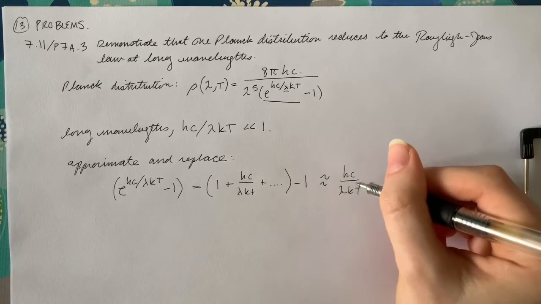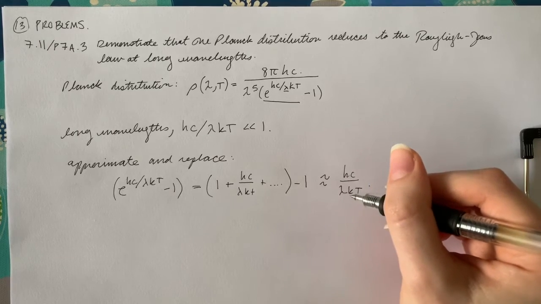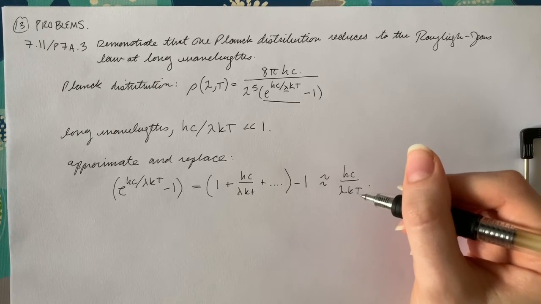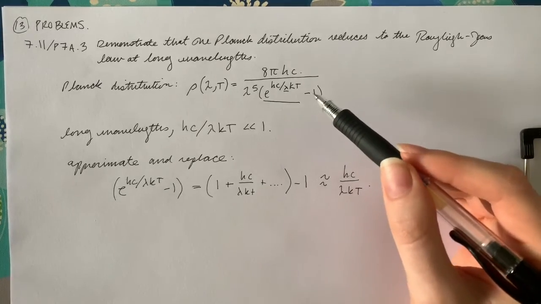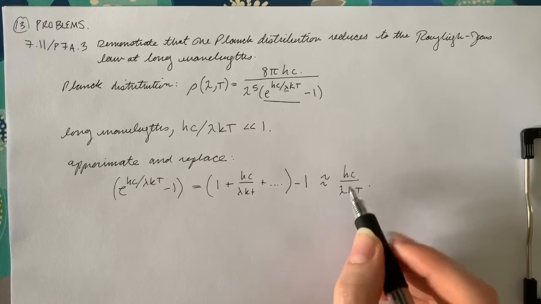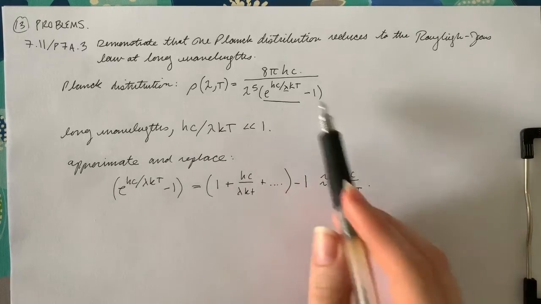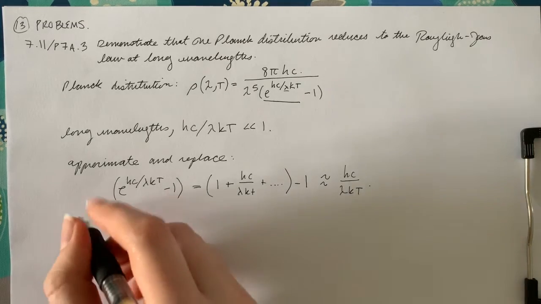And this is explained in more depth in Atkins, so if this is confusing, I have it in my chapter 7 in the section where it talks about the Planck distribution. Anyways, if we just algebraically replace this quantity with this, everything simplifies to Rayleigh-Jeans.